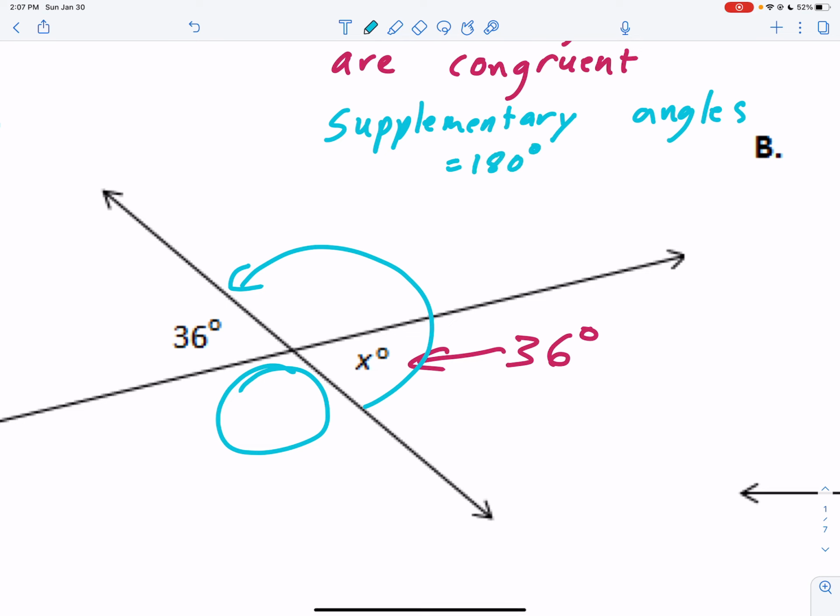So if we want to figure out what this is, let's call this A, just for funsies. Let's say that x plus A, because those are the only two angles going from one side of the line to the other, have to equal 180 degrees. X, we know, is 36.